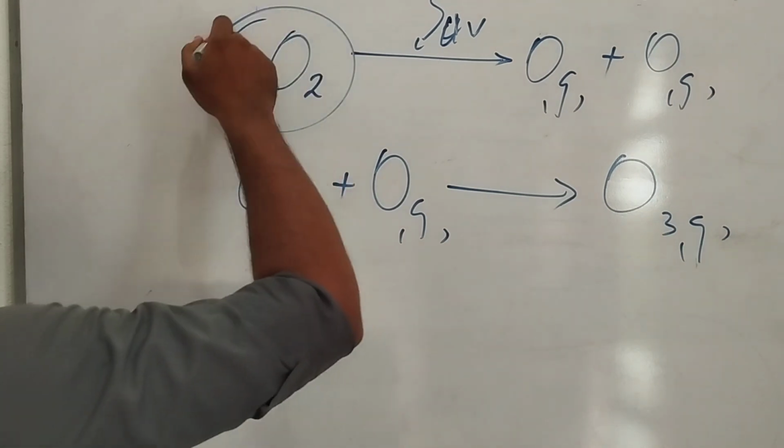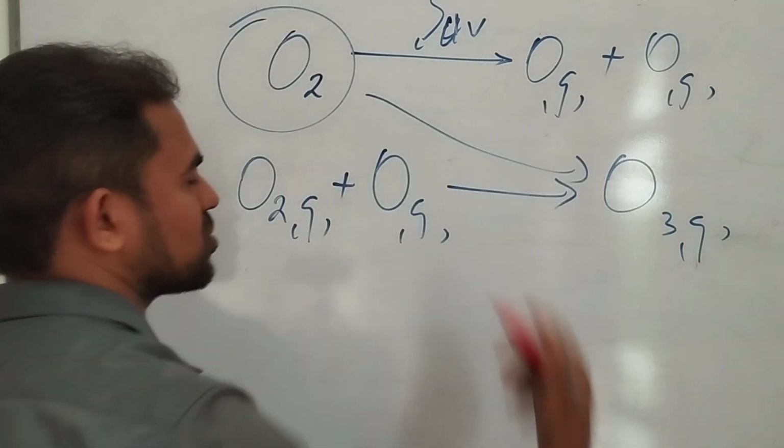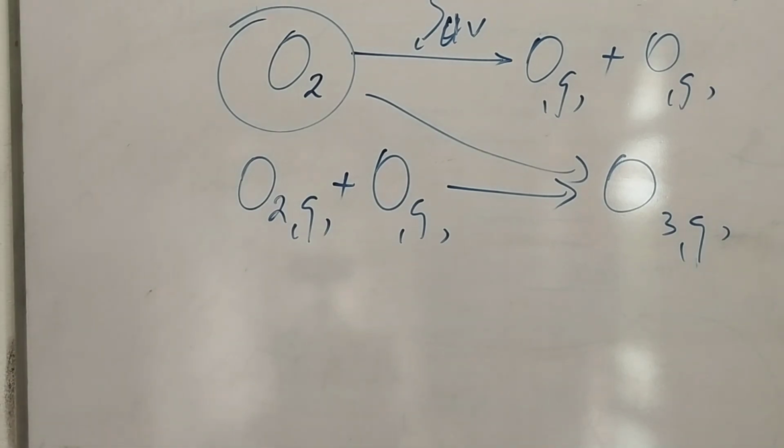From the oxygen, the O3 has been produced. This is how O3 is produced naturally from oxygen gas.